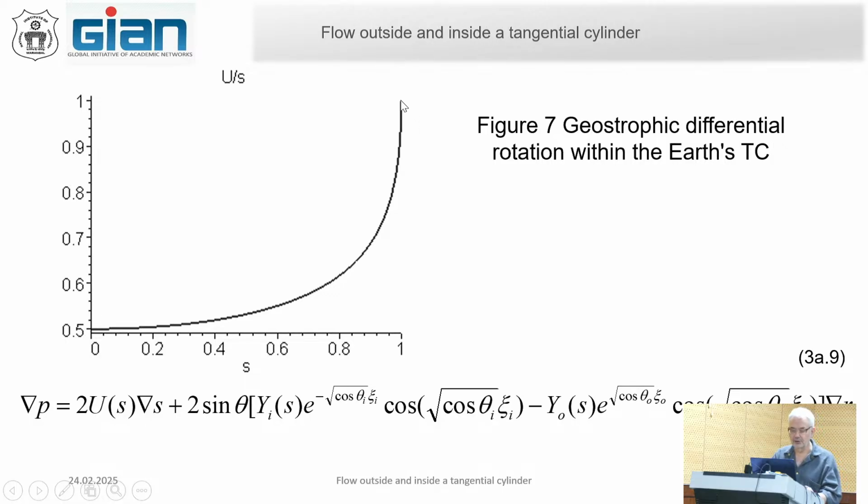It becomes infinite here at the point where the inner core boundary ends, and this is the point where there is the angular rotational rate, which is the imposed rotational rate from the inner core.